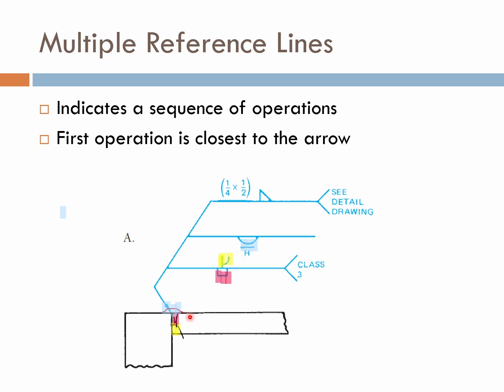Boom, back weld. You'll hammer that flat. And then the next thing you'll do is put a fillet weld on the other side right here. That's how you get this all done, so you have the correct sequence to get these done.